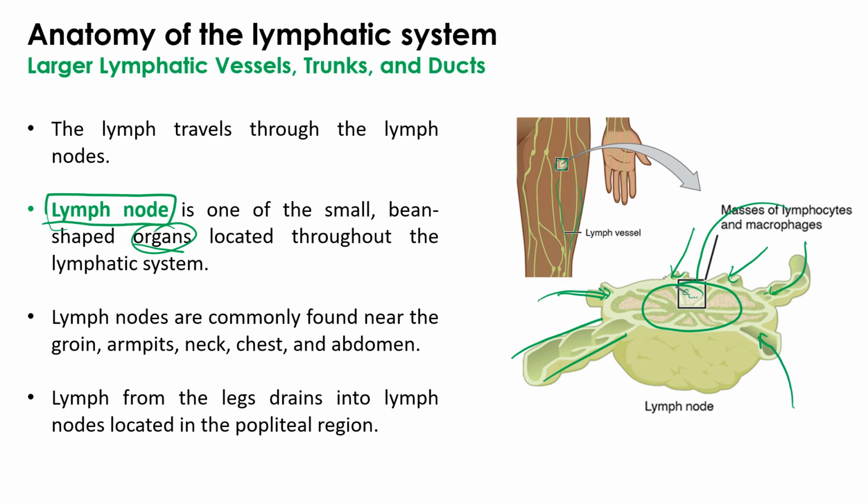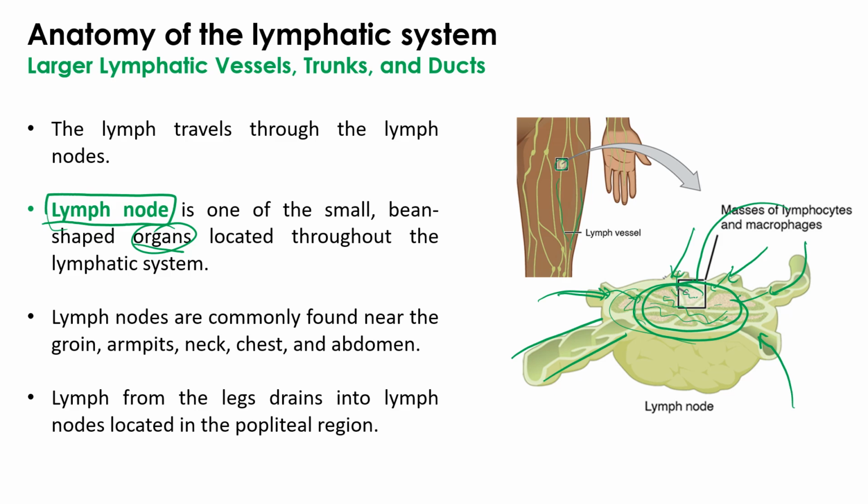And all the lymph that drains inside, your immune system will make sure that there's no bacteria or anything that can be dangerous, right? And if there is, then your immune response will start.